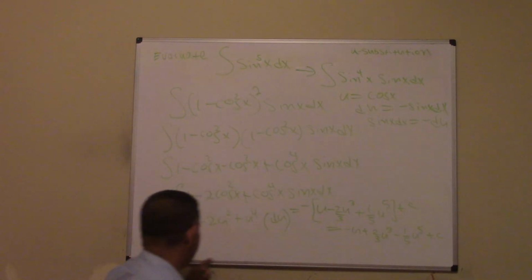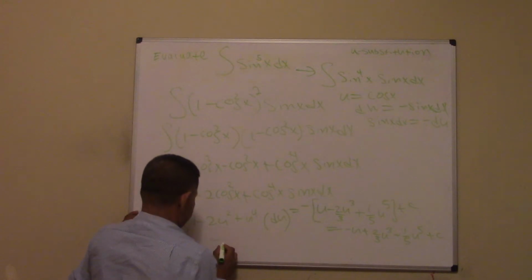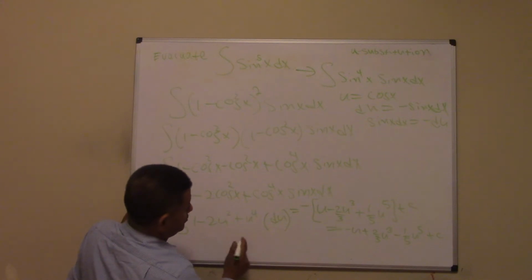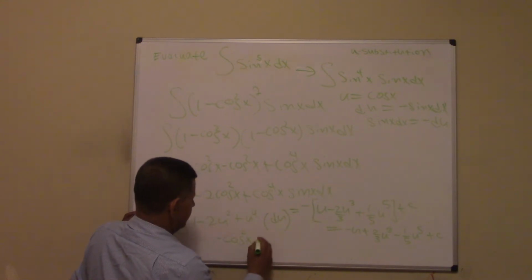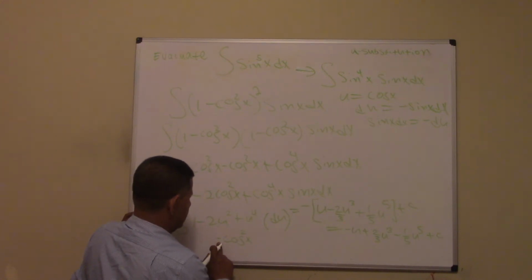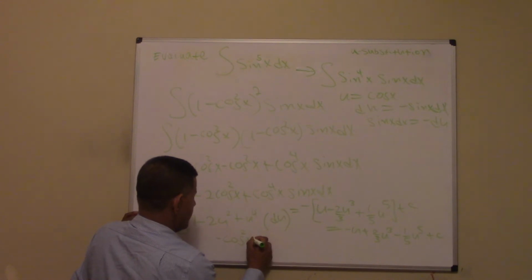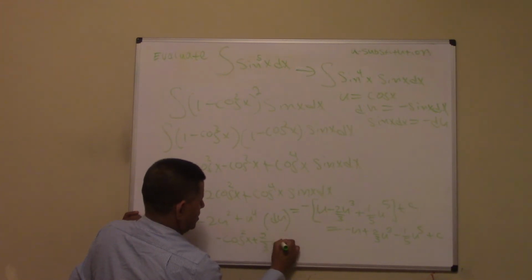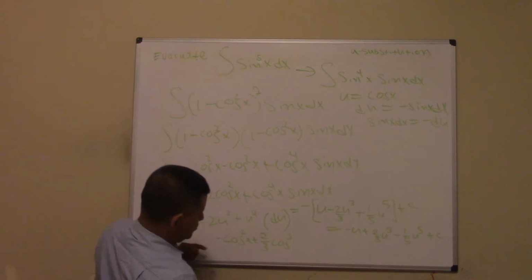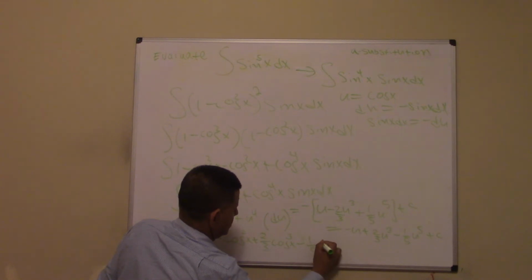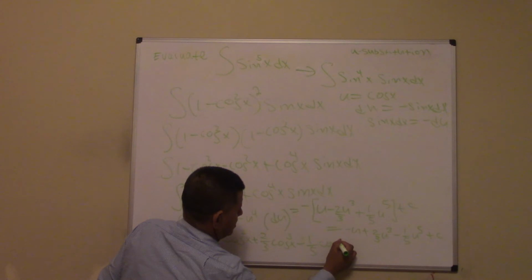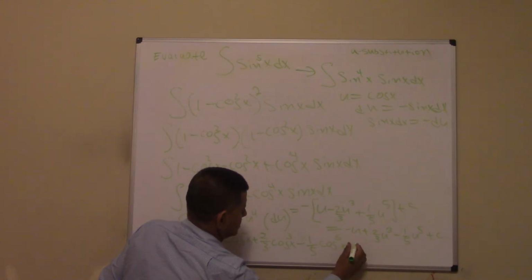Okay? Now the final answer is going to be negative cosine x plus 2/3 cosine cubed x minus 1/5 cosine to the fifth power x plus c.